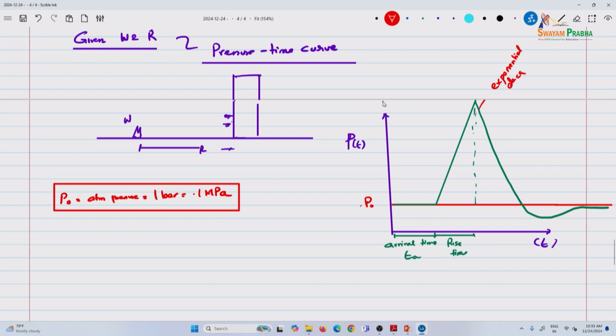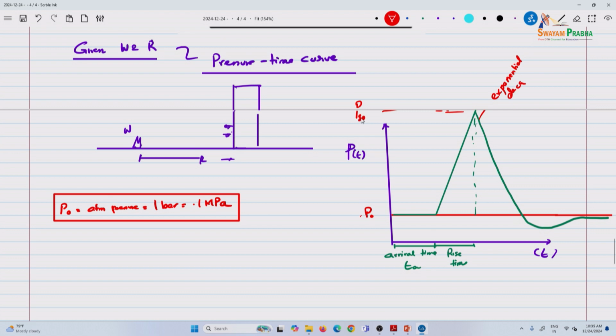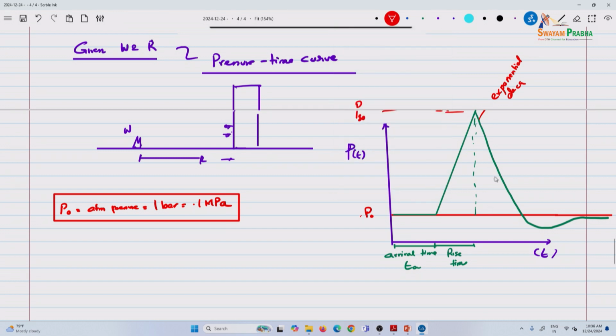So it rises to the peak, let's say this is your PSO, and the area under the curve here. So this is the positive phase. This is your positive duration up to this point. So let's call this TD, duration of time, positive.